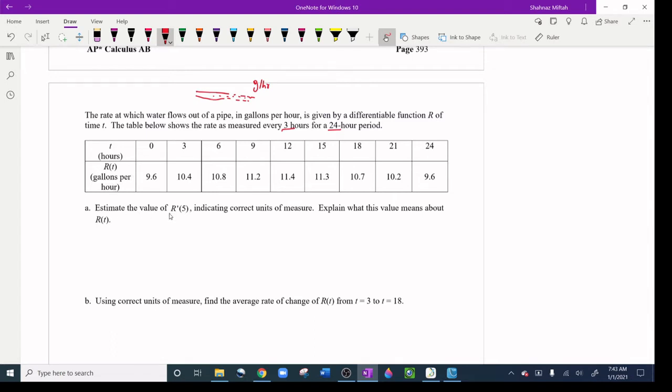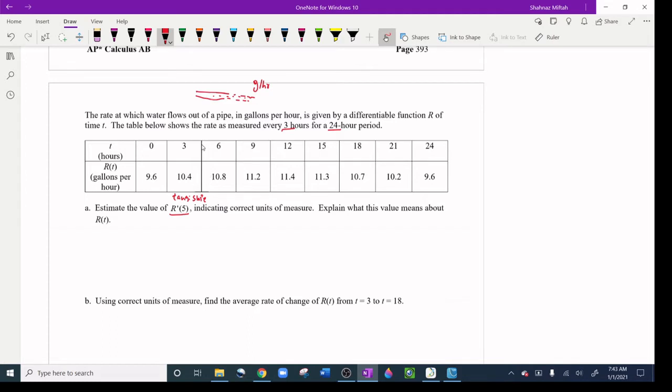Estimate the value of R prime 5. You know that R prime 5 means it's a tangent slope they are asking me. But since I don't have an equation that I can take a derivative of and plug in 5, I have a table. So for the table, if you have ordered pairs right here, like x and y's, then I'm going to pick arbitrarily close points, arbitrarily close to 5, and then I will do the secant slope, because you guys know that secant slope becomes a tangent anyway.